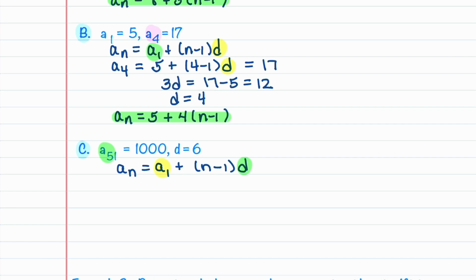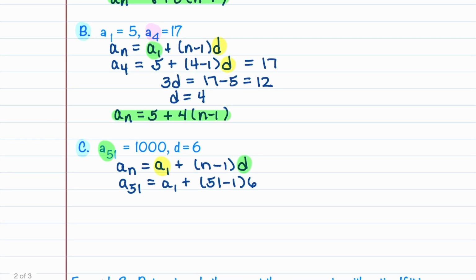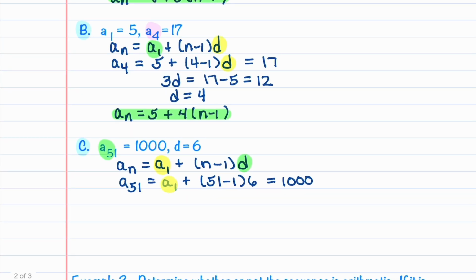Since we're given A51, let's write down that A51 is equal to A1 plus n, which is now 51, minus 1 times D, which we were given as 6. And A51 is 1,000, so we can set this equal to 1,000. And then our job is to find A1. We have A1 plus 50 times 6 is 1,000.